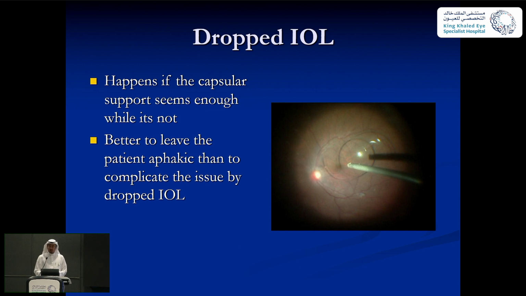So make sure that it is enough to support the lens, especially if you have a posterior capsule rupture and you want to place a lens in the bag. Make sure that you made a continuous posterior rhexis to make sure that it can accommodate the IOL without traction that can make the posterior capsule rupture more and you lose the IOL.